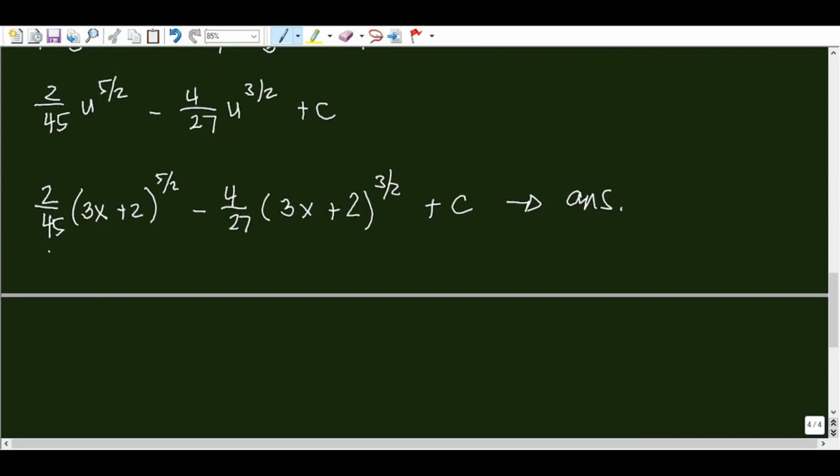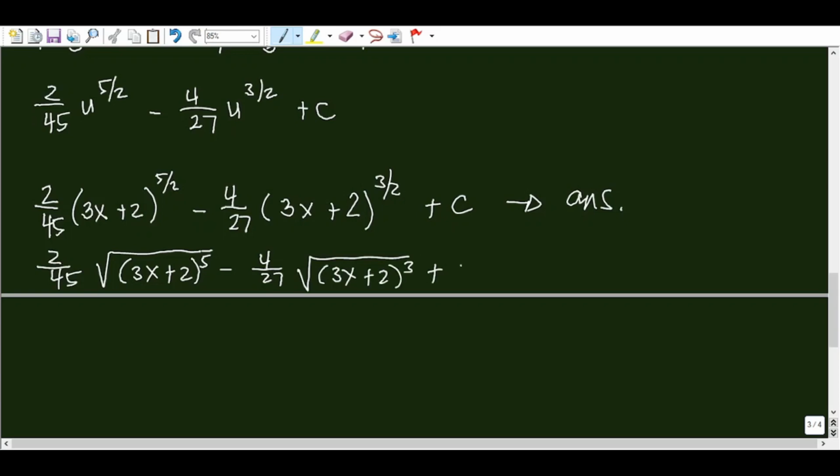Pwede yung sagot ninyo dito is 2 over 45 the square root of 3x plus 2 raised to 5 minus 4 over 27 times the square root of 3x plus 2 raised to 3 plus c. Either of these two, ang magiging sagot ninyo, okay lang. Pareho din naman yung ibig sabihin nito. Pareho lang. Okay? So, kung alin man yung sagot nyo dito sa dalawang to, okay lang. Pareho din naman yung sagot.